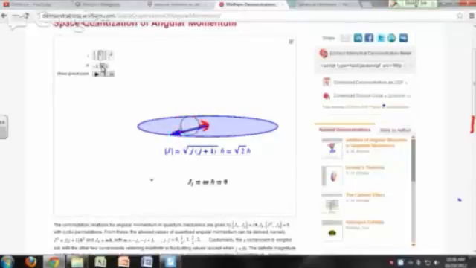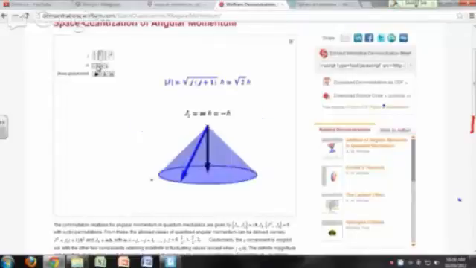And what happens if I do m equals -1? It's going to be a vector pointing downward. Anywhere along this cone, it could be pointing here, it could be pointing there. The length of that vector is square root of 2 h bar, and the component along the z-axis is -h bar.